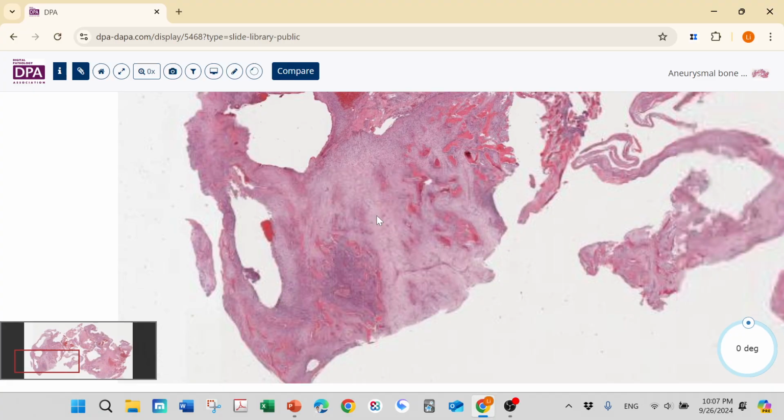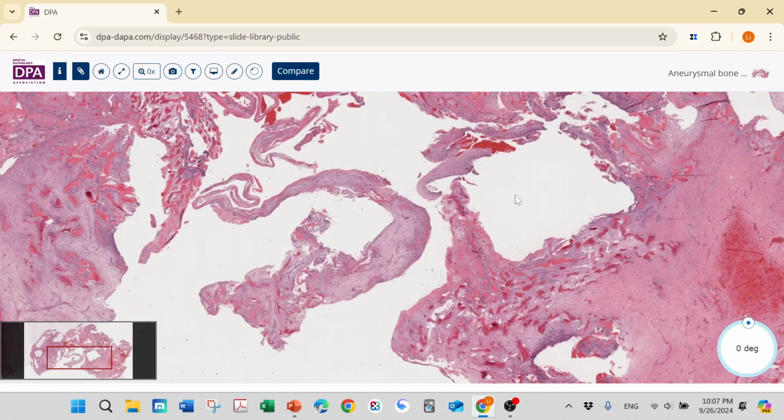So let's talk about this multiloculated cyst area. One characteristic finding is that around this pseudocyst area, we can see this sclerotic bone material, osteoid material. They just surround this pseudocyst. And then they also intermingle with this nodular fasciitis-like spindle cell area, and trickle around this pseudocyst.